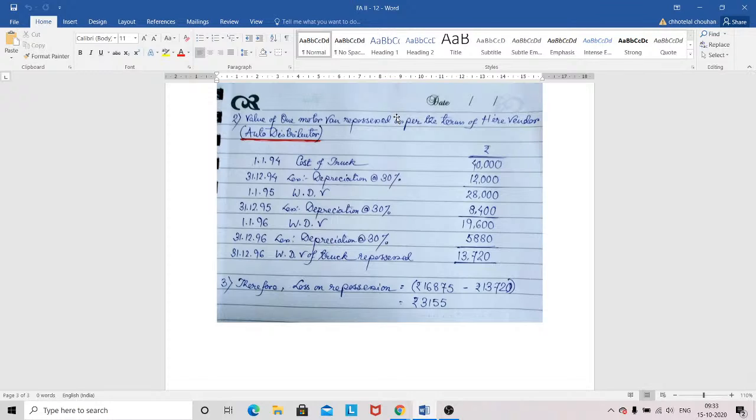So you need to calculate the closing balance of that particular truck after adjusting 30% depreciation. Look at that, I have calculated it from 1/1/94, that means the purchase date. The cost of the truck is 40,000. I am considering one truck only, so I have written 40,000. There is no need to calculate for both the trucks, both the assets. You just need to calculate for one.